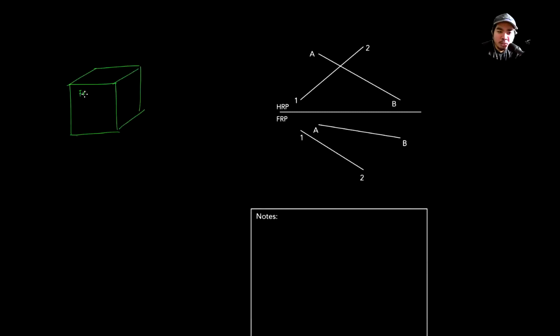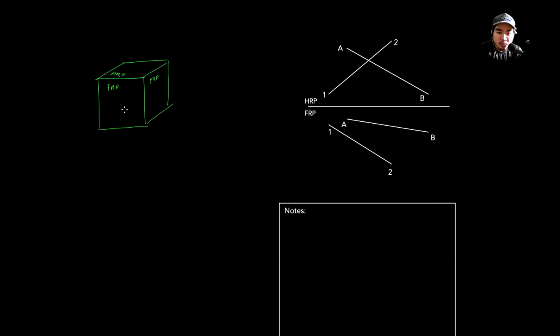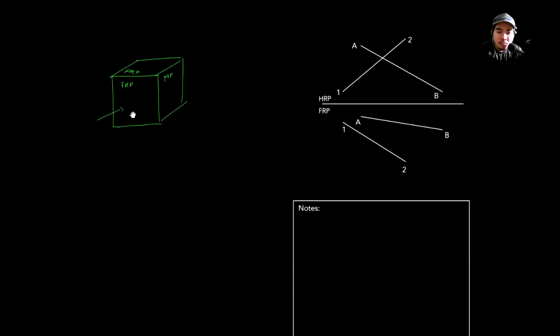Ito yung FRP, tapos PRP, ito yung HRP natin. Tama? Now, if you are looking at this view, lahat ng parallel sa HRP will be a horizontal na horizontal line. Tama? Any line that is parallel to this HRP here will be a horizontal line.